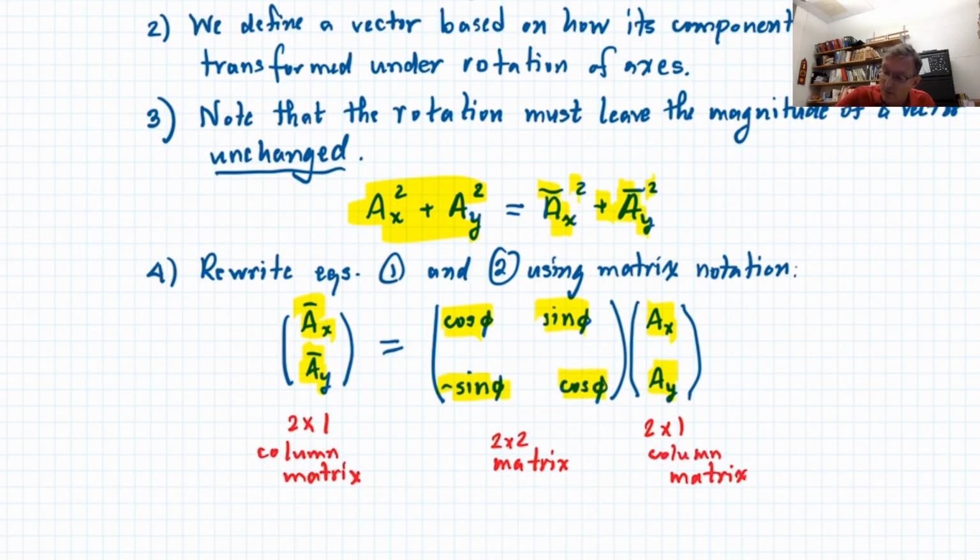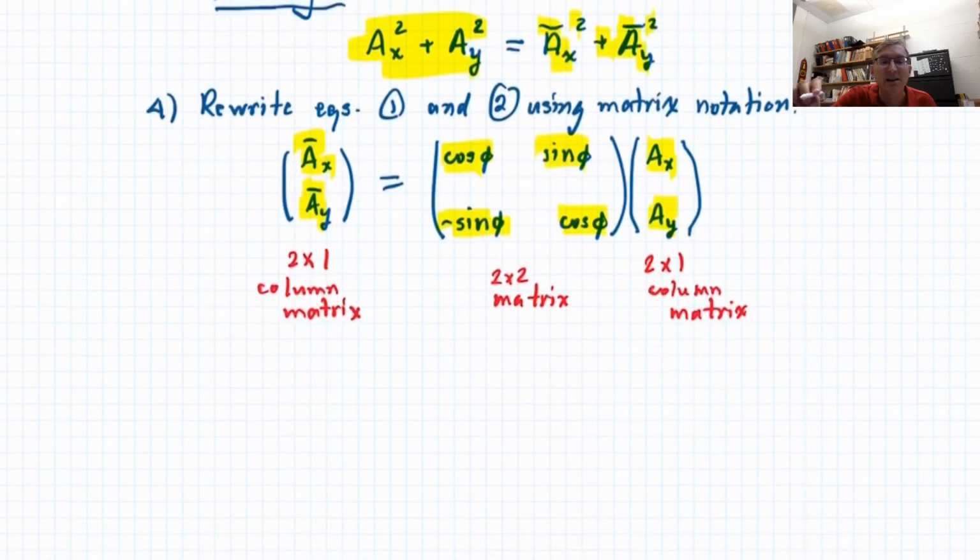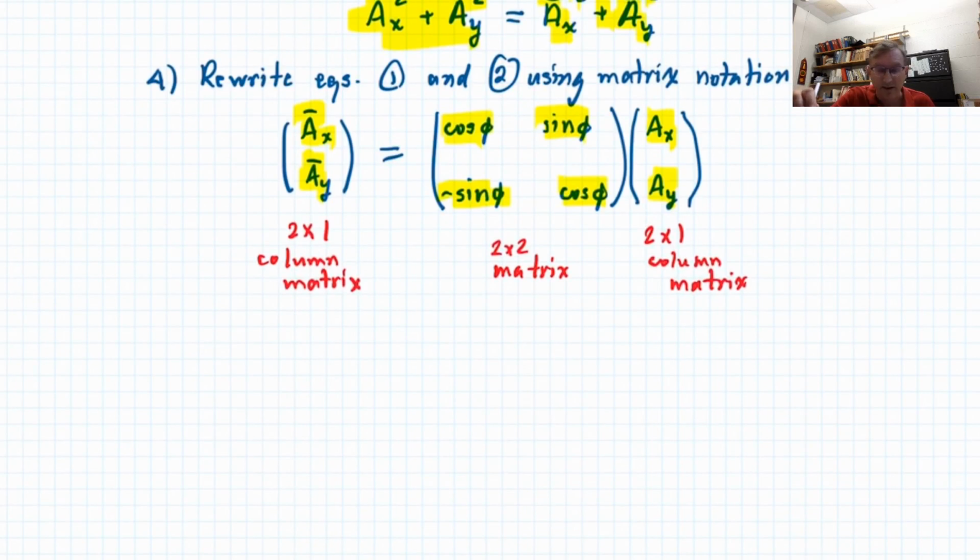All right, there's even more I want to say about this 2 by 2 matrix, because it's really that 2 by 2 with the various sines and cosines and the angle of the rotation phi. That is what you might call the transformation matrix. It is describing mathematically this transformation of rotating the axes.